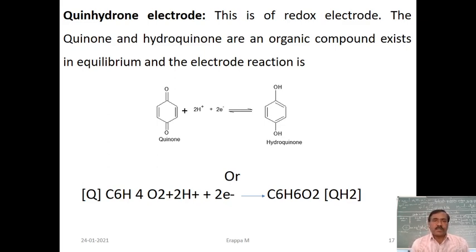Quinone and hydroquinone are organic compounds that exist in equilibrium, and the electrode reaction is: quinone takes up 2H plus and 2 electrons forming hydroquinone, that is C6H4O2 plus 2H plus plus 2 electrons gives C6H6O2. We call QH2 the hydroquinone and Q the quinone.